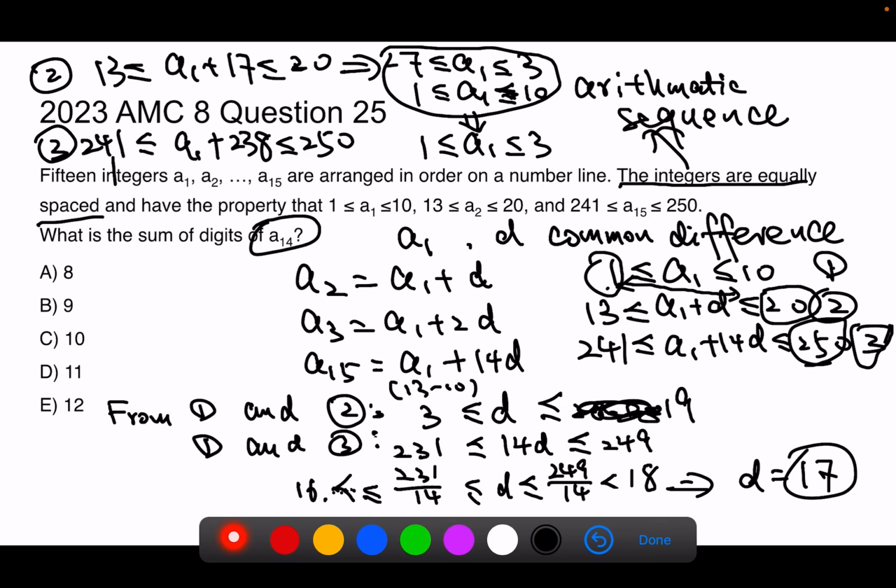This is telling me, it's a little bit crowded, but I'm almost there, so I'm not going to open space. So this is telling me A1 is greater than or equal to 3, less than or equal to 12. All right.